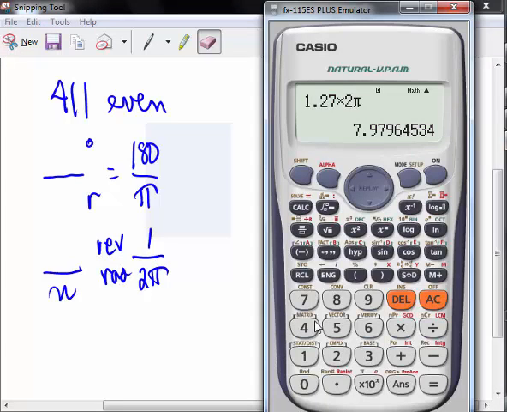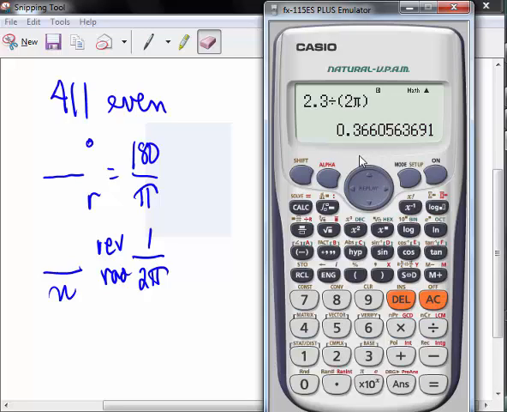So in number 8, we have 2.3 radians divided by 2 pi, and we get 0.366 revolutions.